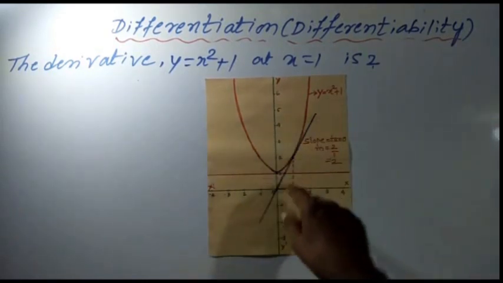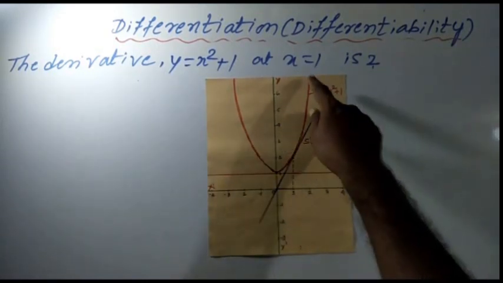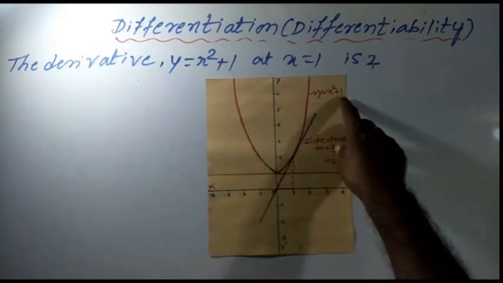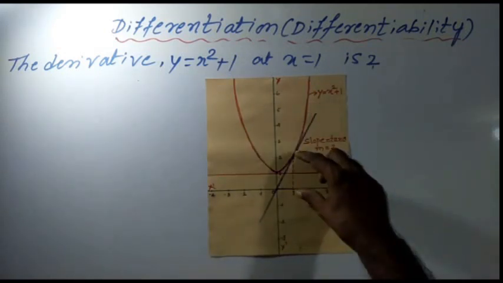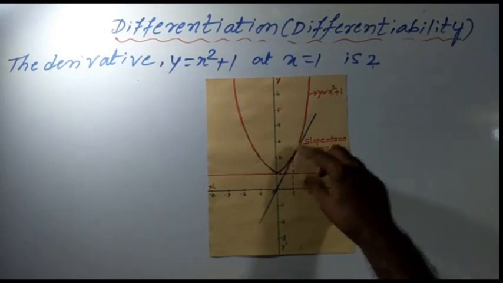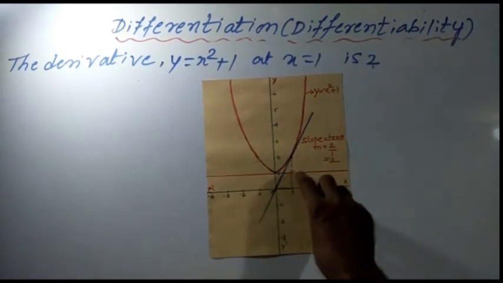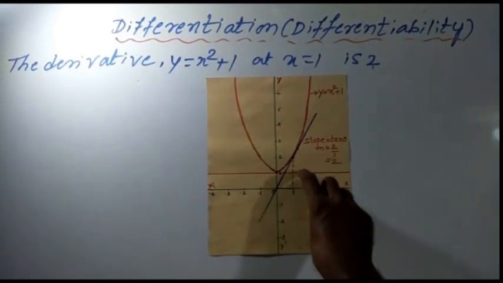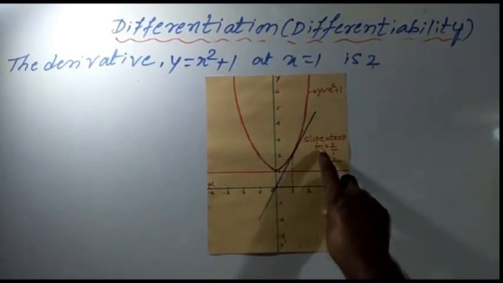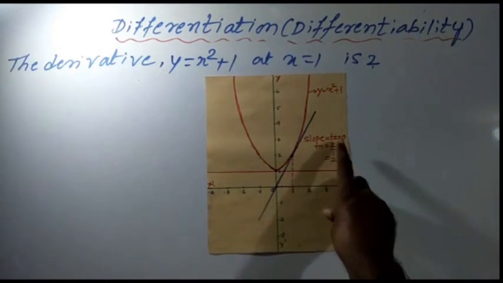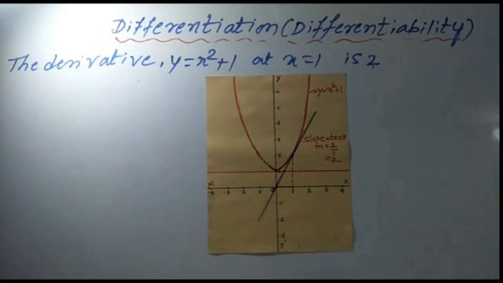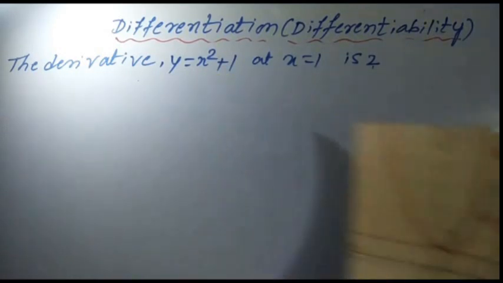The tangent touches the curve y is equal to x square plus 1 at point (1, 2) and passes through the origin. Therefore the value of x is 1 unit and the y coordinate is 2. Therefore m is equal to y by x, means opposite side by adjacent side, that is 2 by 1 is equal to 2.